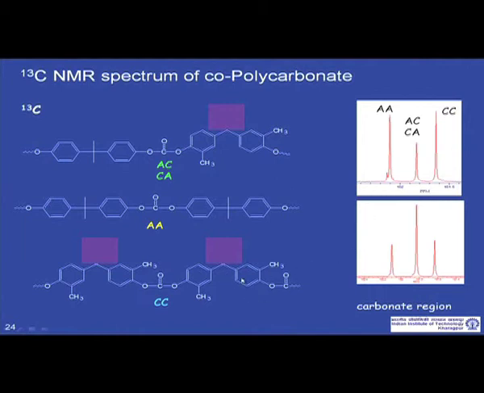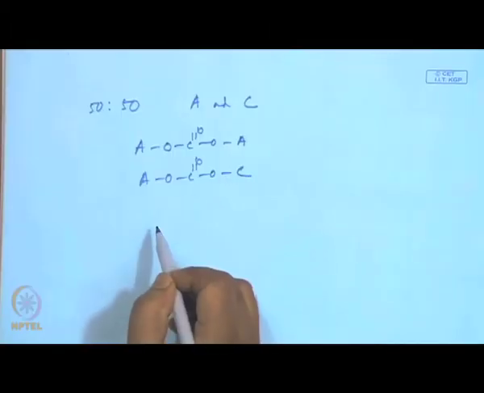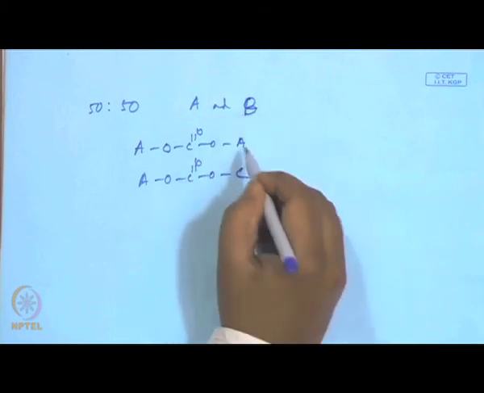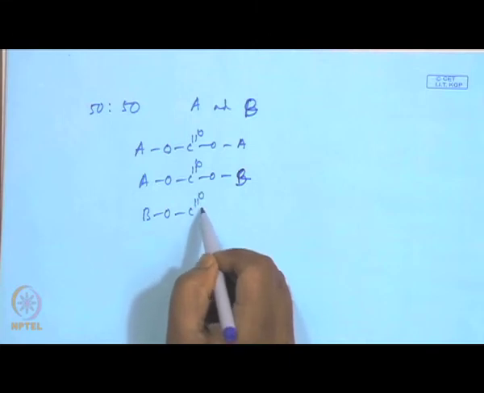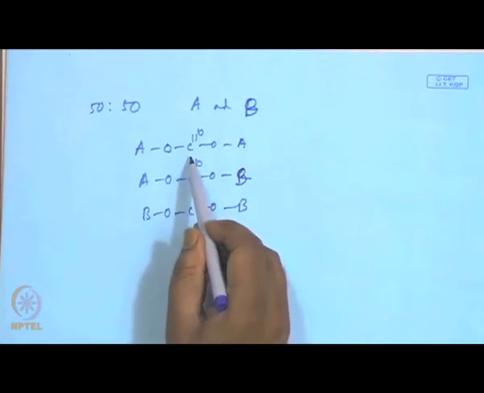Say we have a 50-50 mixture of A and C, these two monomers. You can have AA carbonate, you can have CC carbonate, and you can have the AC carbonate, let us call it B. So three types of carbonate are possible.